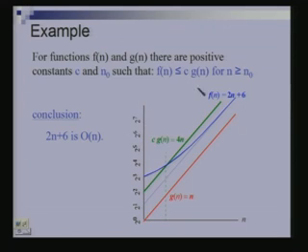My function f of n here is 2n plus 6, and g of n is n. If you look at these two functions, 2n plus 6 is always larger than n, which is why this function 2n plus 6 is always above n. Now you might be wondering why 2n plus 6 is a non-linear function here.